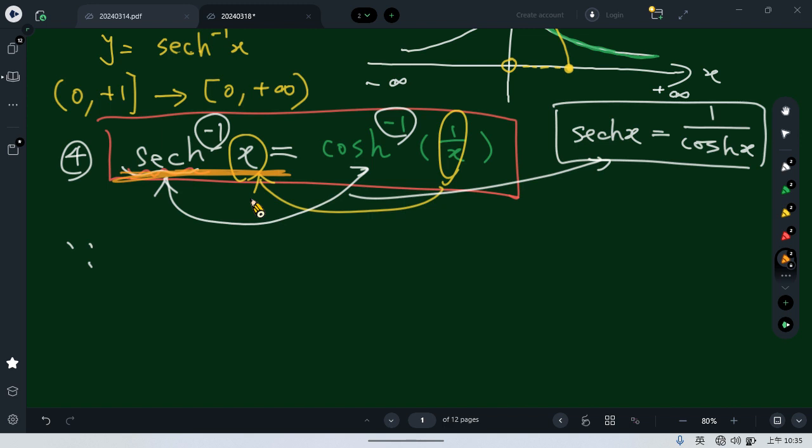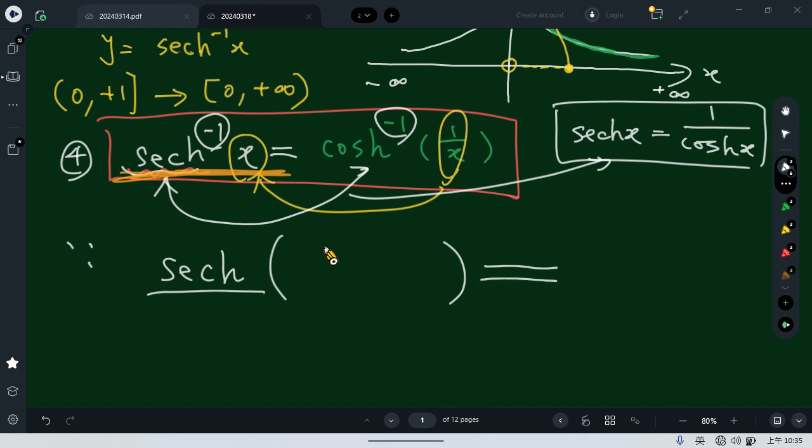So right now I am trying to find the hyperbolic secant function's inverse function. If I can find some function composed with its original function, and the answer is x, did you remember I wrote it down here?